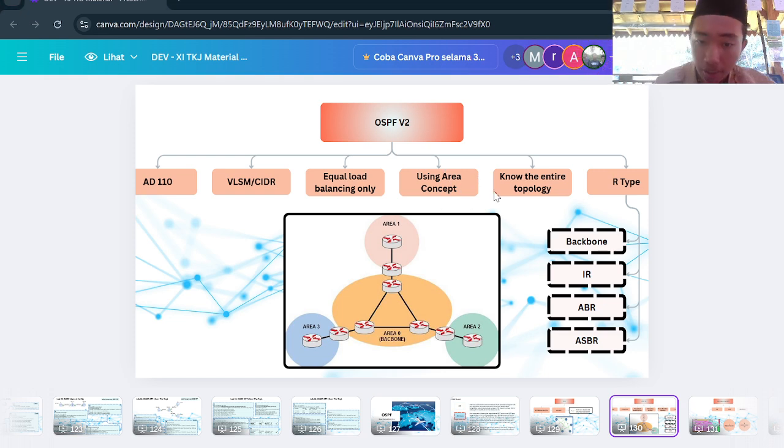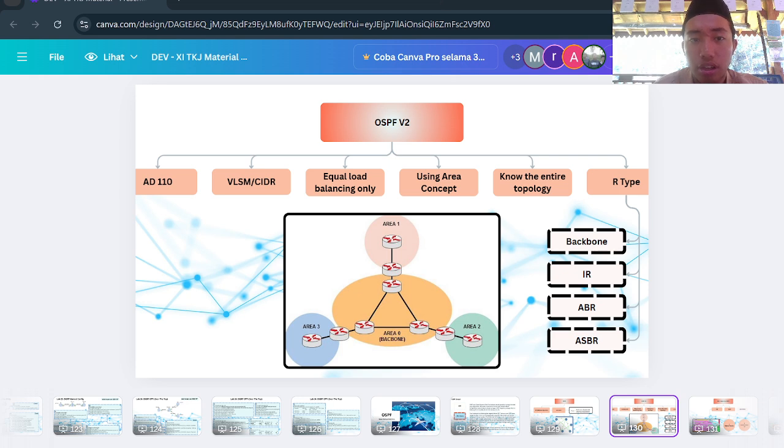It uses the area concept. OSPF is divided into areas to make a split.